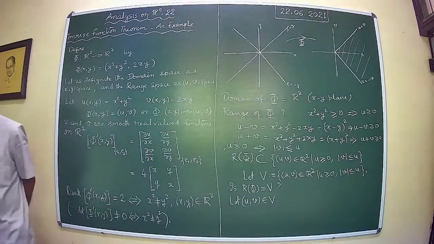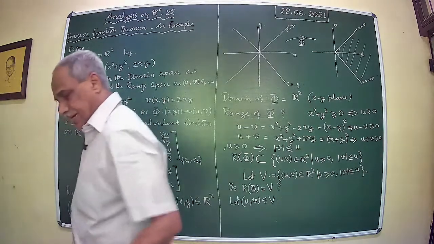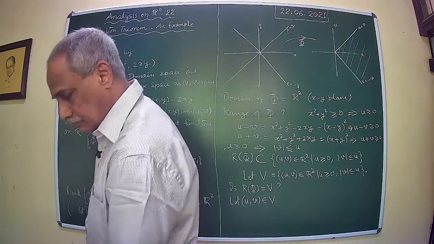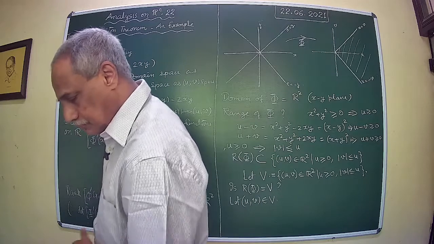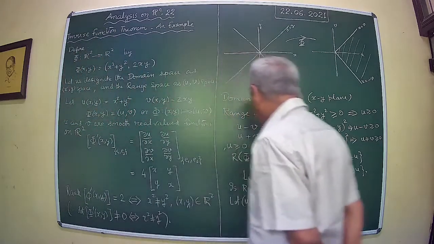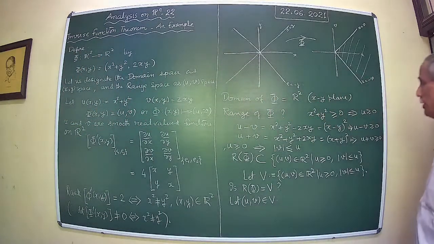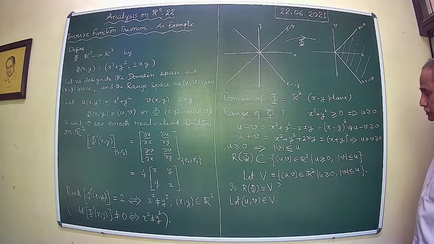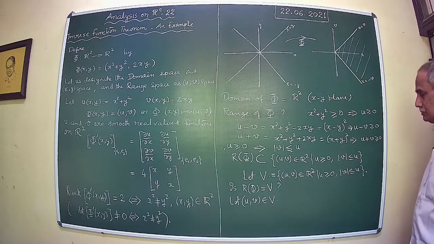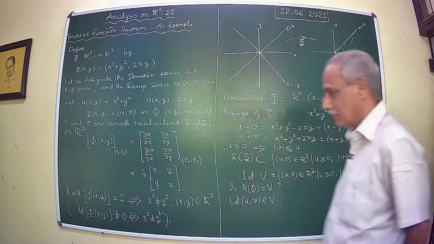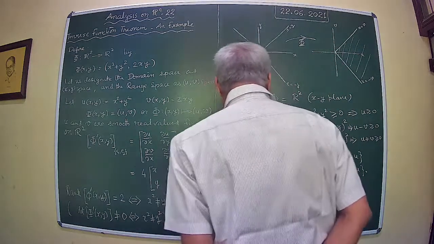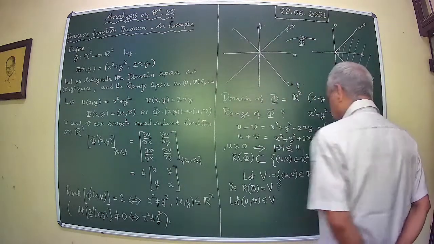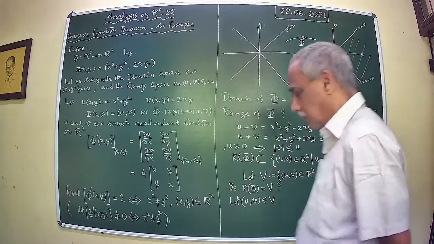Let us do it separately for v non-negative. Of course, u is non-negative, v is non-negative, and v negative.